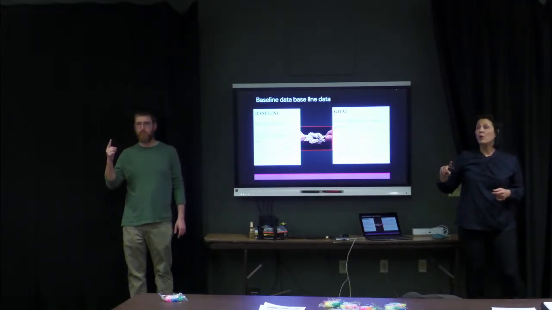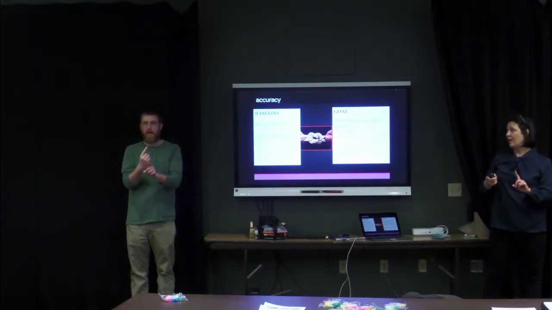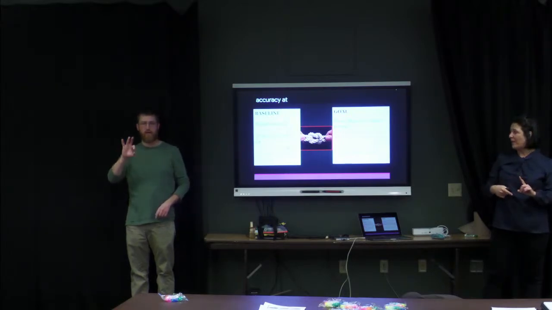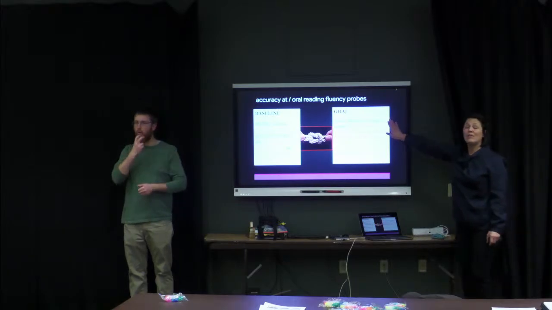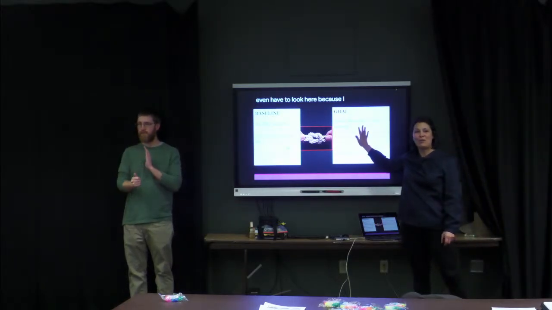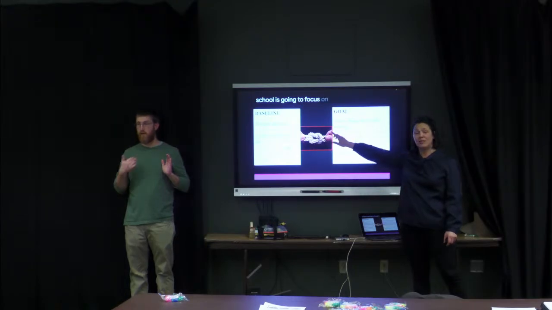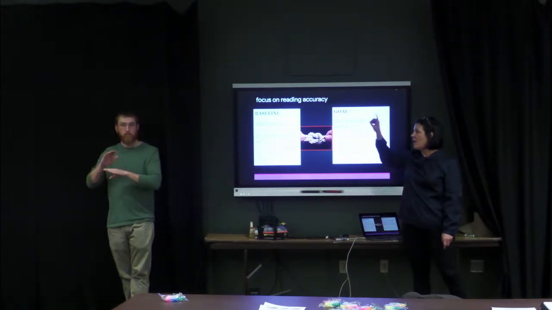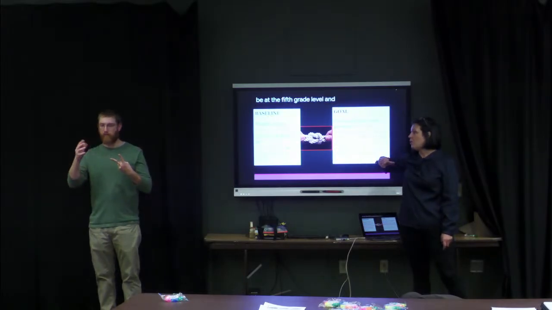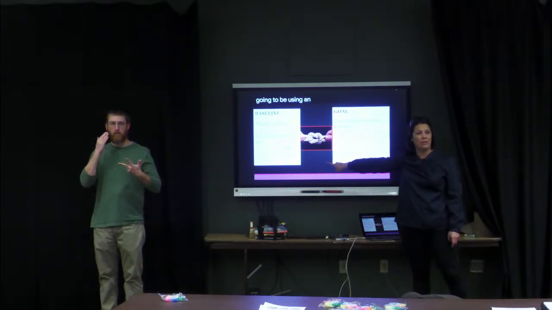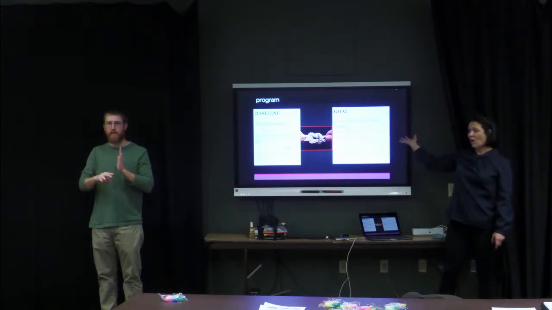Baseline data for reading word accuracy at the 5th grade level is 98 correct words per minute per oral reading fluency prose. I don't even have to look here because I know what the school is going to focus on. I know it's going to focus on reading accuracy. I know it's going to be at the 5th grade level, and I know that I'm going to be using an oral reading fluency prose. Voila, there it is.